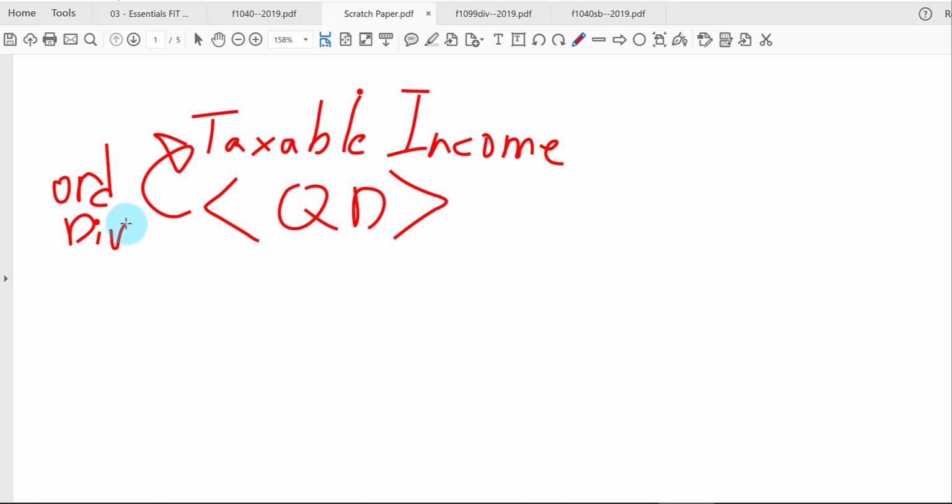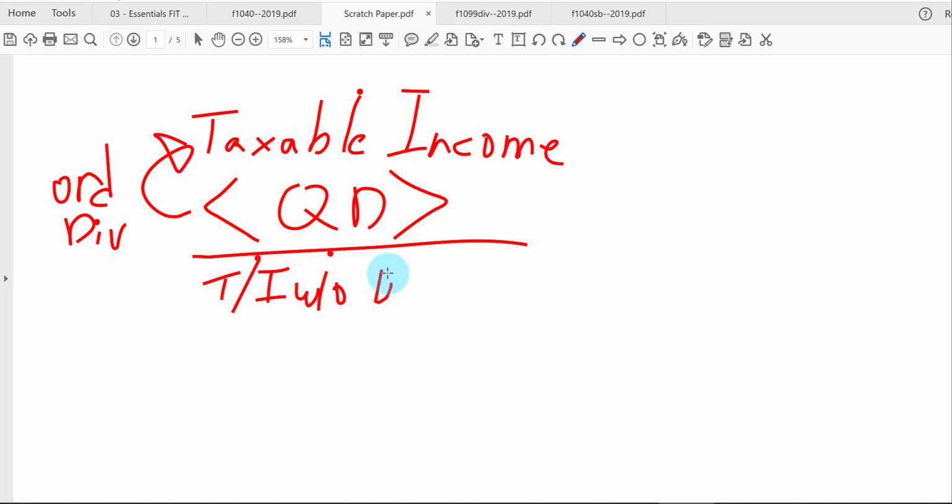If it is different, the qualified dividend amount is going to be smaller than the ordinary dividend. So we're going to subtract that qualified dividend from the taxable income. Let's call this taxable income without qualified dividend. Okay, just the difference.